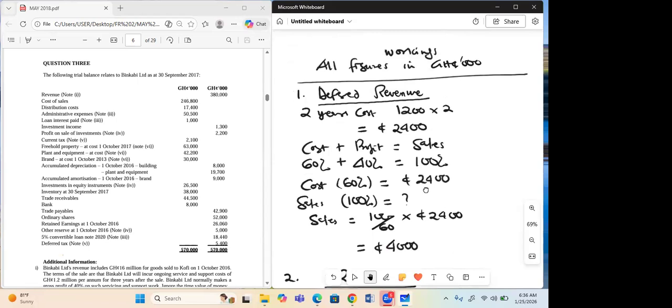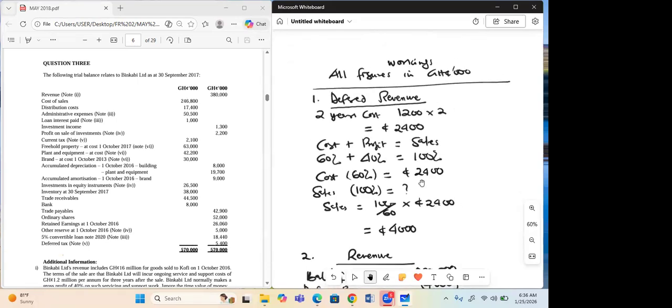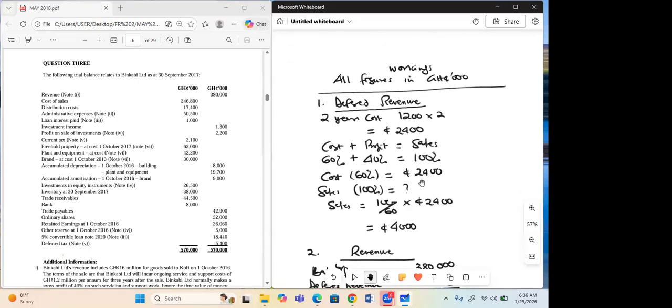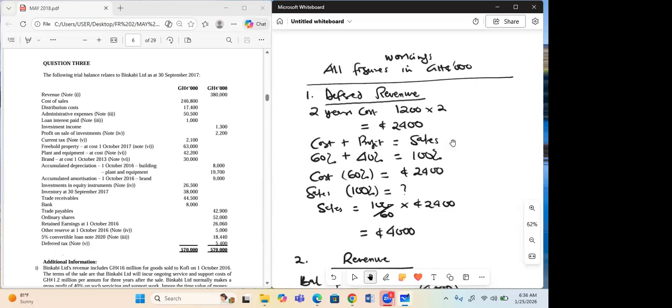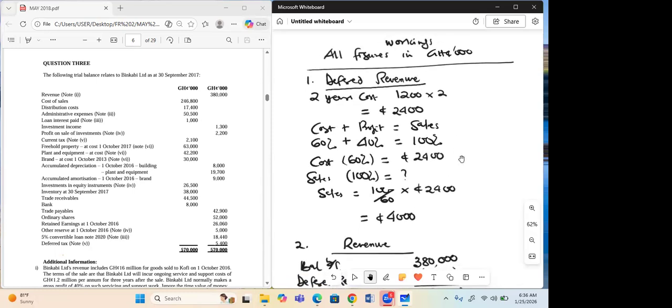So let me start from here. Let me reduce the size for you. Okay, so my brother, take this one first. Who is taking the pictures? The same person. Do it well for us. Take this one. Are you done?